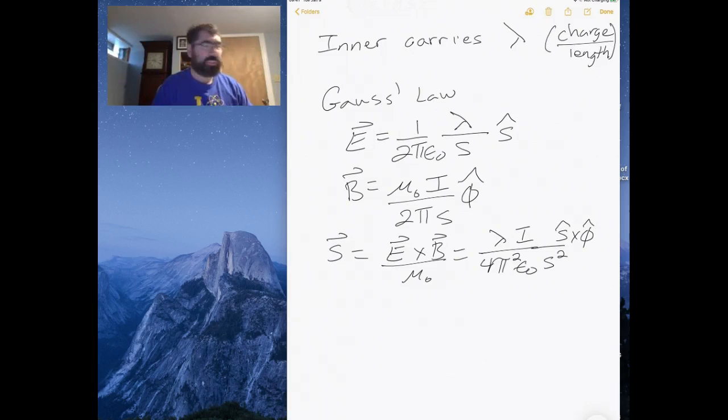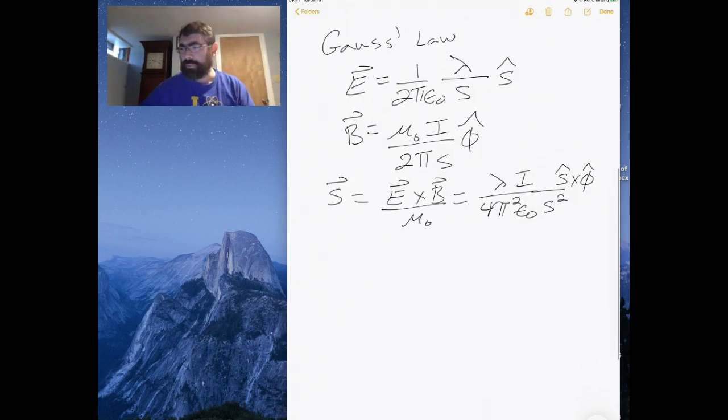Now in cylindrical coordinates, my s, which is radial, and my phi, which is pointing tangential to the cylinder, is going to produce a z component. So s-hat crossed into phi-hat is equal to z-hat, like so.